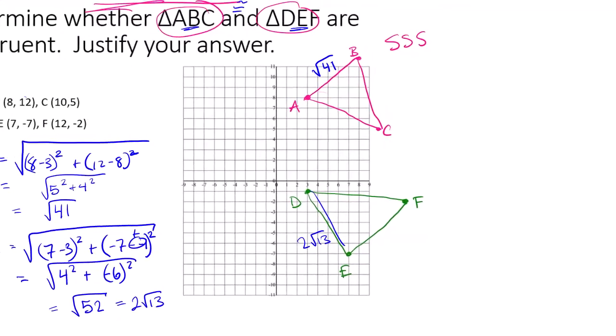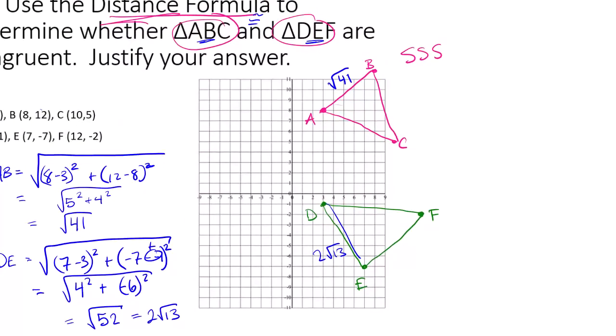So let's find BC. So BC here is going to equal the square root of 10 minus 8 squared plus 5 minus 12 squared, quantity squared.